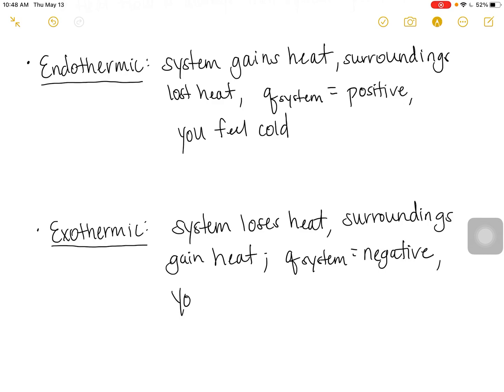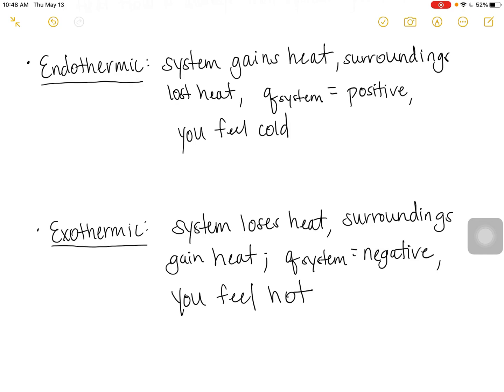And then again, if you're holding a beaker in which an exothermic reaction occurs, the reaction is releasing heat to the surroundings, which you're part of, so you would feel hot. Okay, you would feel an increase in temperature. So it's really important to be able to understand the distinction between endo and exo and what you would feel versus what the system and the surroundings are both doing.